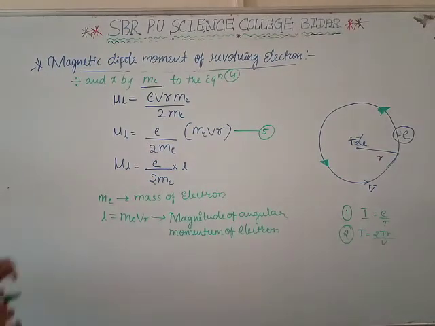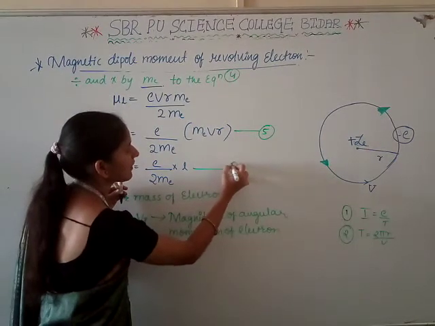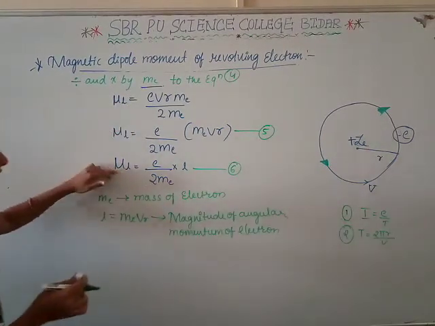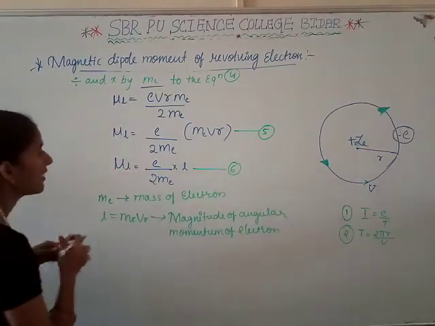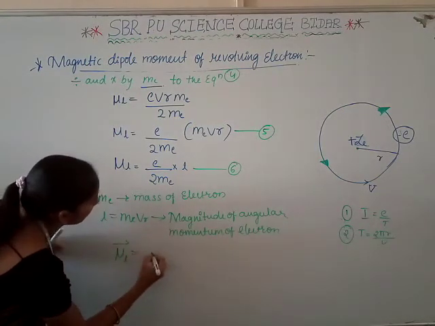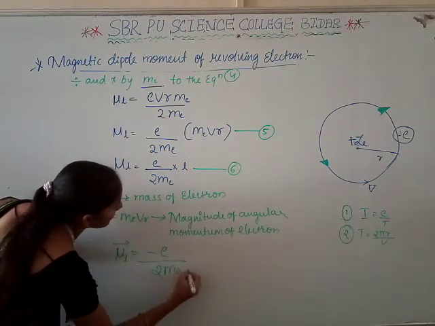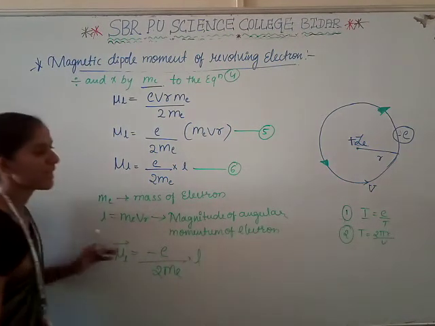Now, if we write this equation μL in vector form, a negative sign appears. Why? Because the electron has a negative charge.